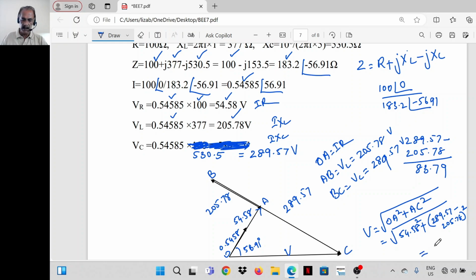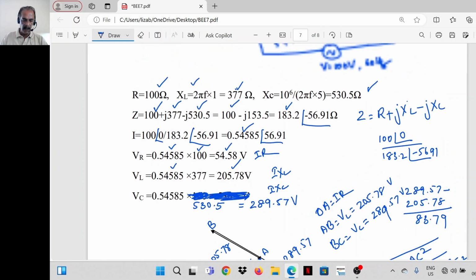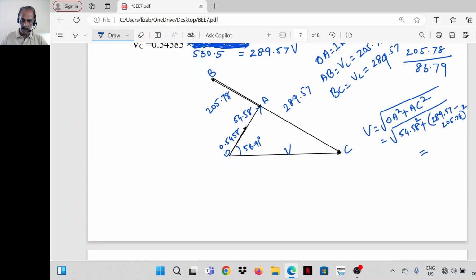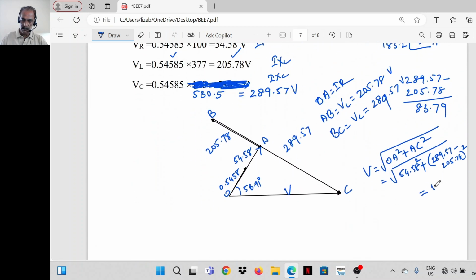You can counter check, you will get V equal to 100. So this answer will be 100 volts.